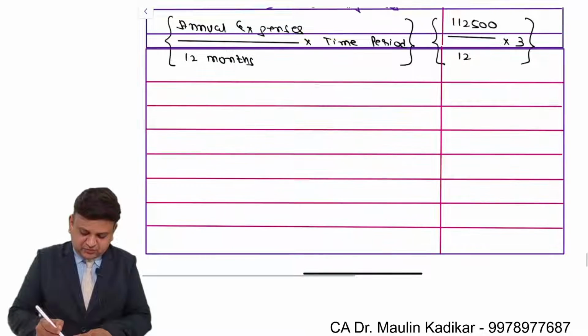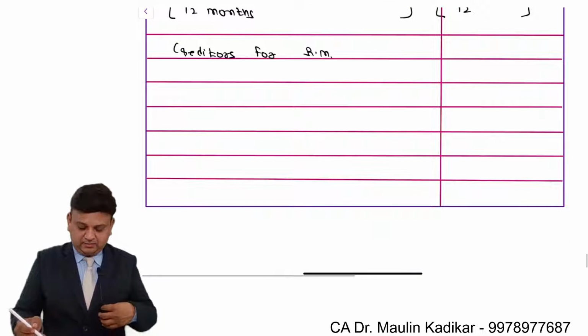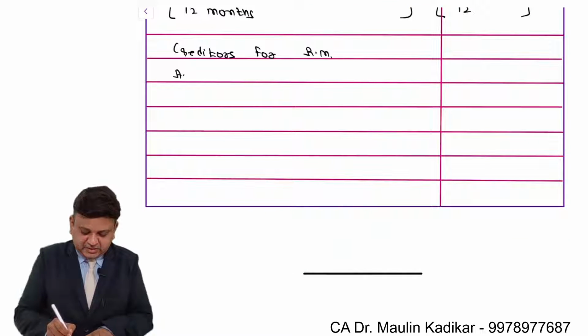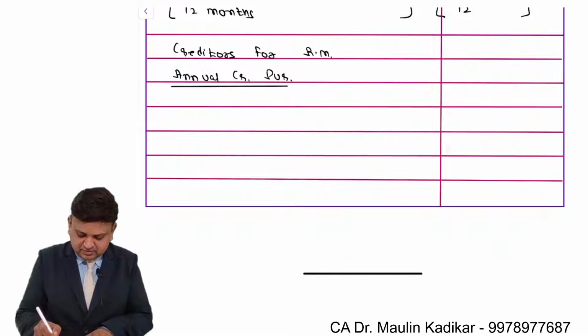Next is the creditors for raw material. In that, annual credit purchase divided by 12 months into average payment period.